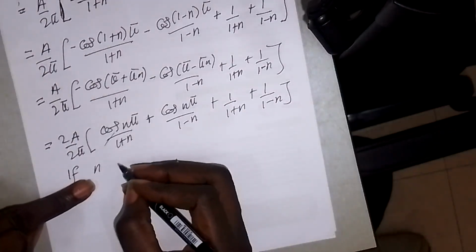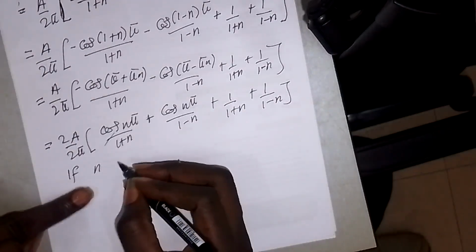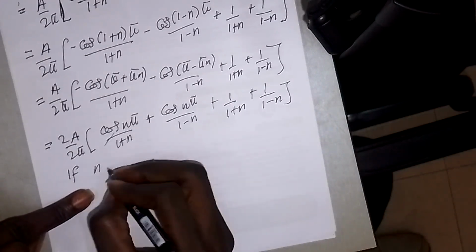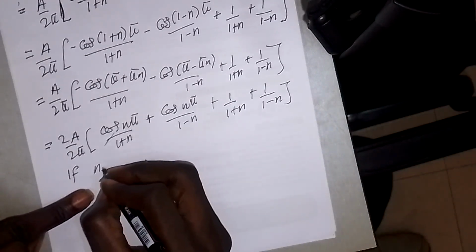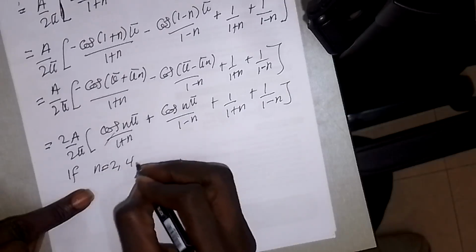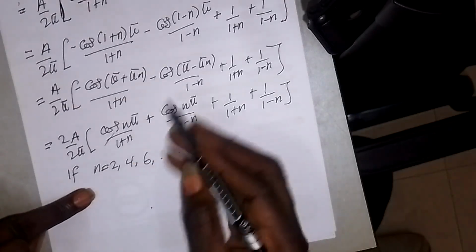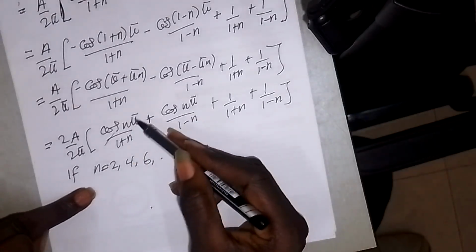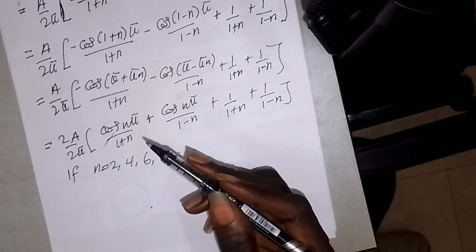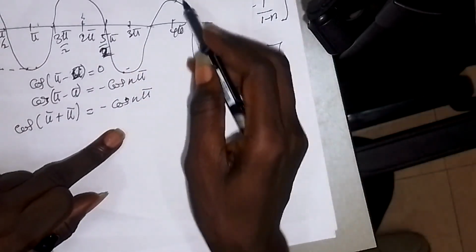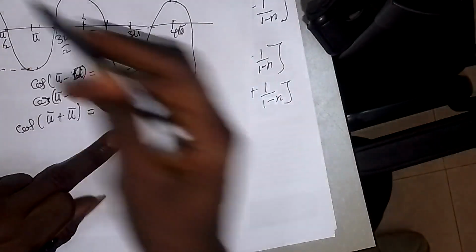So here, you can see that it is only going to be defined when we put in even numbers, like n equals 2, 4, 6, and then it goes on. If you put 4 here, cos 4 pi is positive 1.